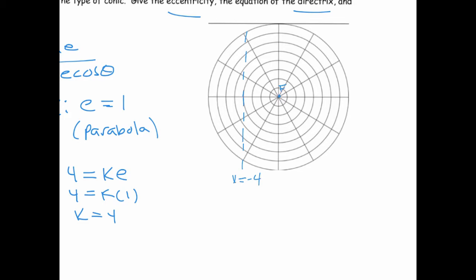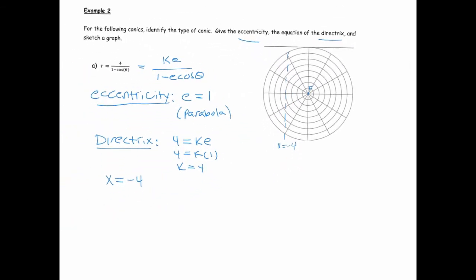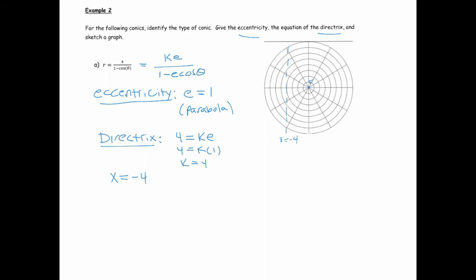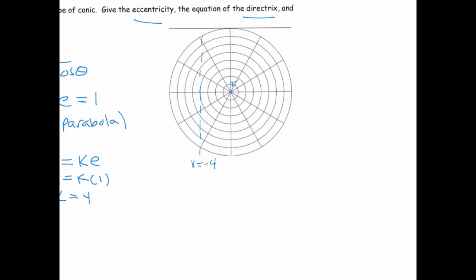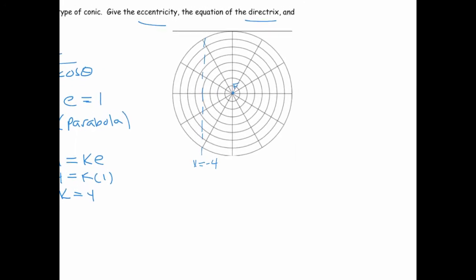So the best way to do that is just to make a table, and notice that we're dealing with a trig function whose period is 2 pi. So we'll use those convenient values to get some good points and see if that ends up being consistent with the fact that we know we should be looking at a parabola.